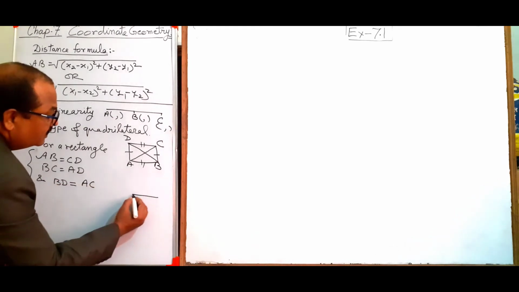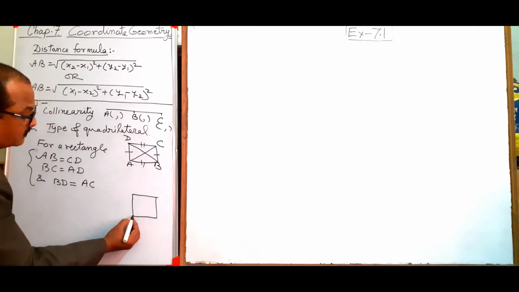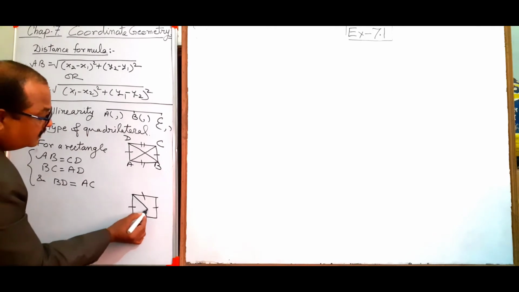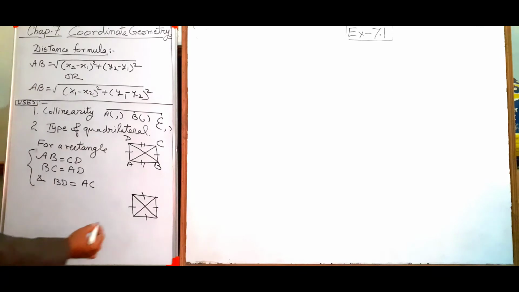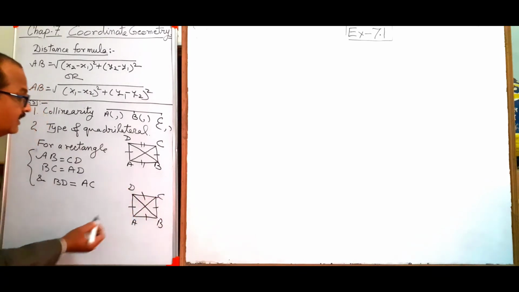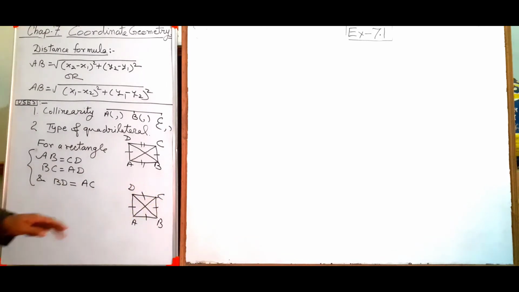And for a square, you can see all sides are equal and diagonals are also equal. So the condition is again for A, B, C, D. Here the coordinates of all these 4 vertices are given.